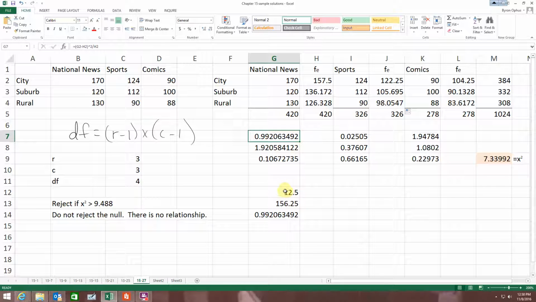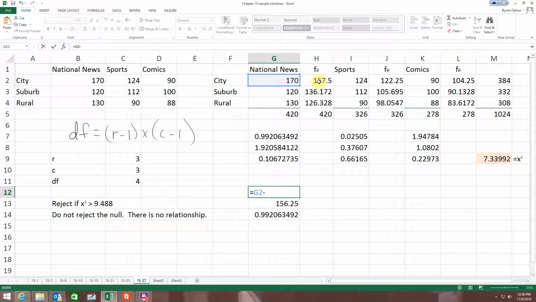So what's that mean? Well, let's do it this way. So it's my F sub O minus my F sub E. So that's why I have this down here. So this is equal to this one minus this one, okay. And then this is squared, so I just simply square that, so that's equal to this squared to the second.